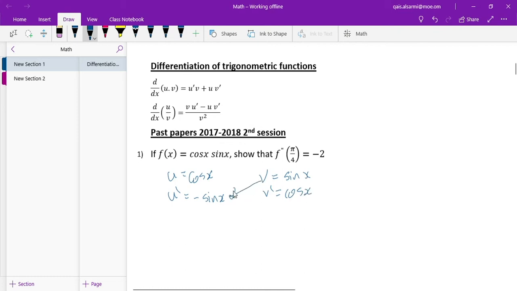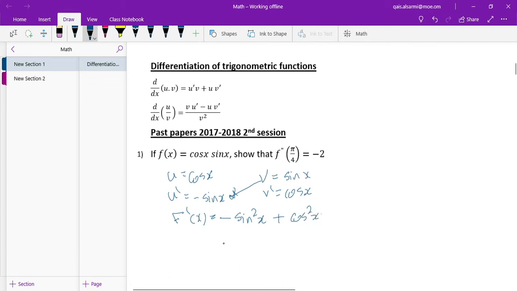I repeat, use the auxiliary diagonal. So f dash of x will be sine times negative sine, which is negative sine squared x. Cosine times cosine, which is positive cosine squared x.